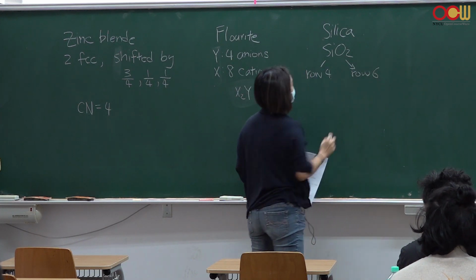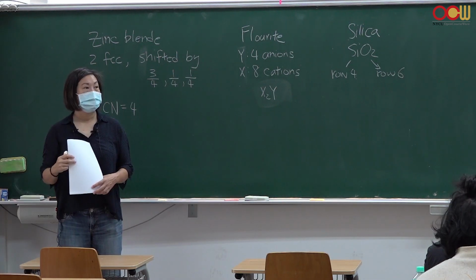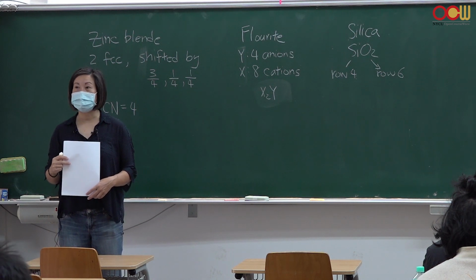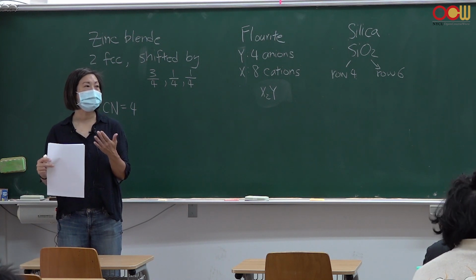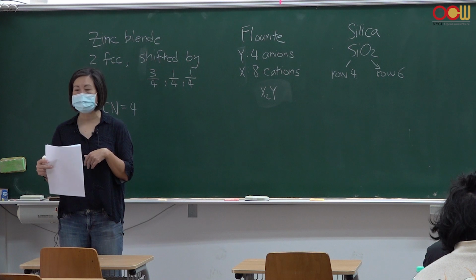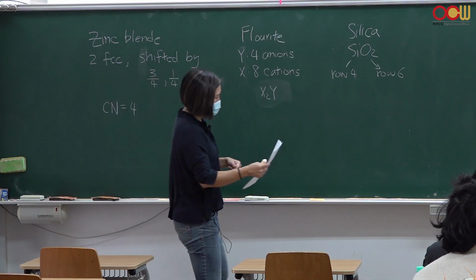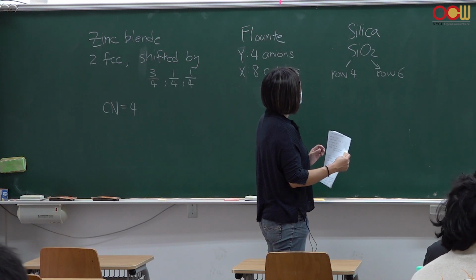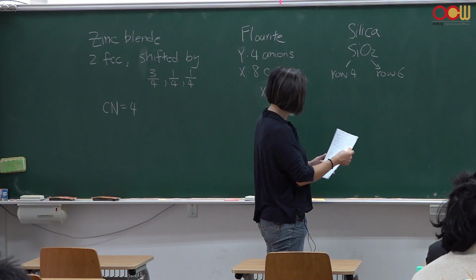Oxygen is in row 6 on the periodic table. It's mostly covalent, right, because they're very close to each other on the periodic table, very similar electronegativities. And SiO2 forms a tetrahedral.